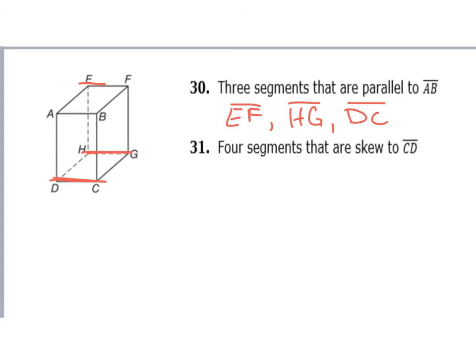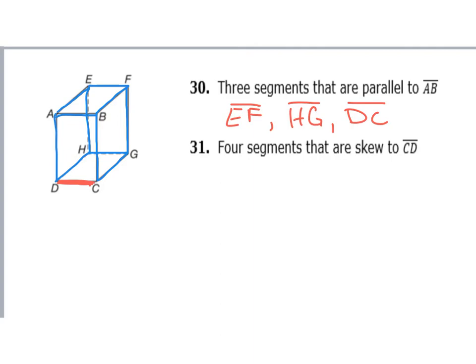All right, so then number 31, I want four segments that are skew to CD. So I'm going to erase what I have here. Again, this is why it's good to have a pencil in math. And I am going to look for four segments that are skew to CD. So here's CD. To be skew, I cannot be parallel and I cannot intersect. Okay? So if I take all my lines and highlight the ones that are left over, the first thing is we cannot be parallel.